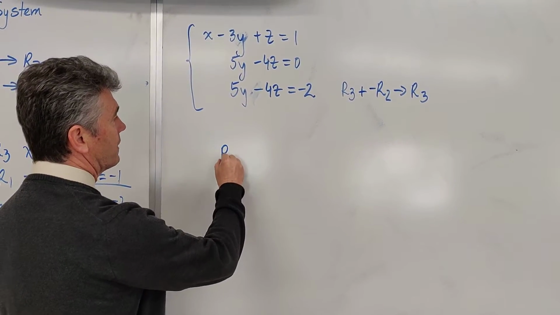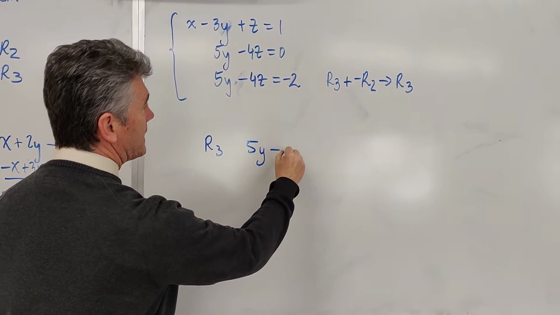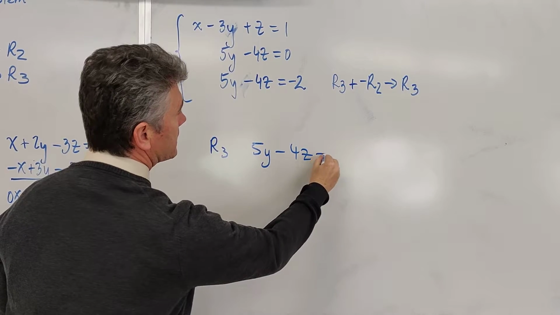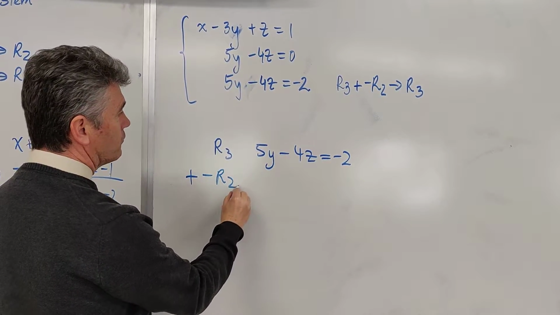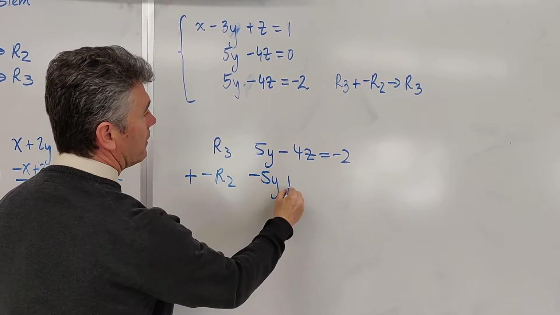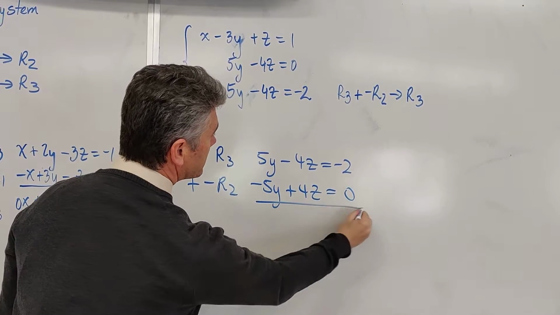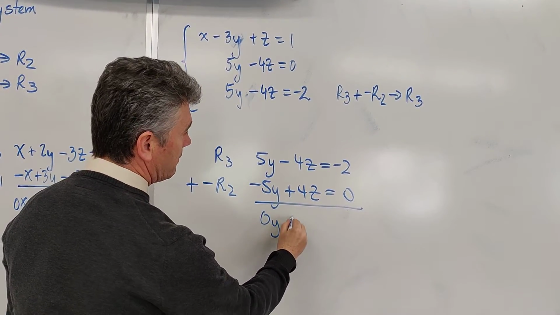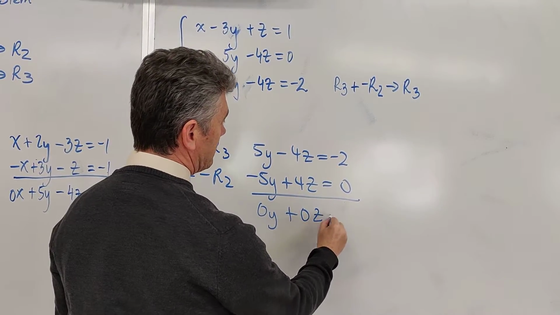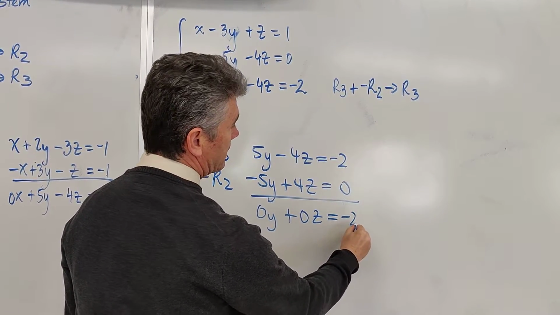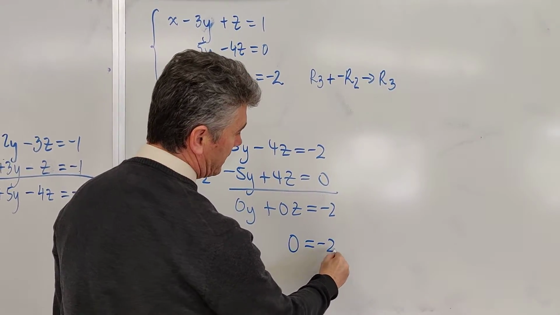Let's do it. Row 3, 5y minus 4z is equal to negative 2, plus the opposite of row 2, negative 5y plus 4z is equal to 0. Add them: 0y plus 0z is equal to negative 2. You get 0 is equal to negative 2.